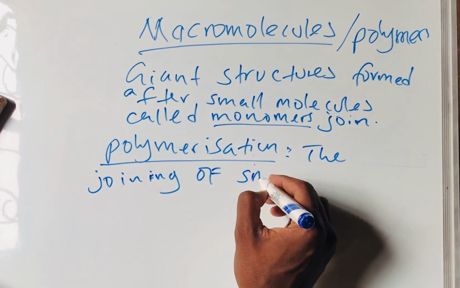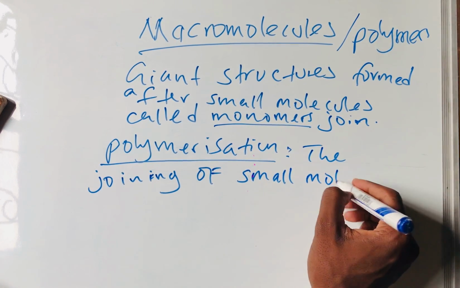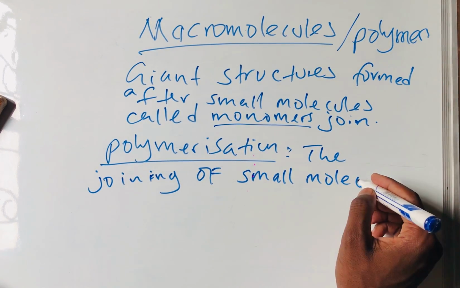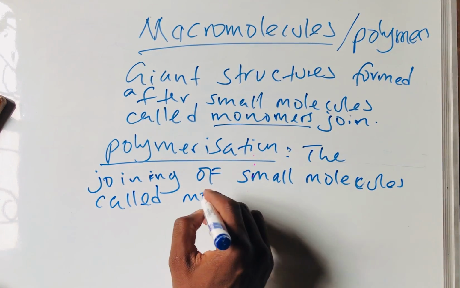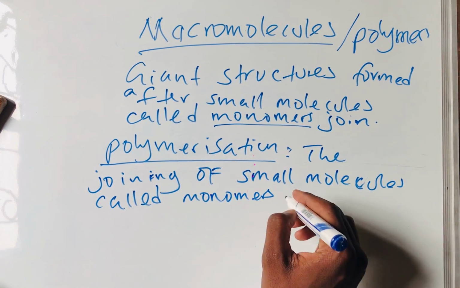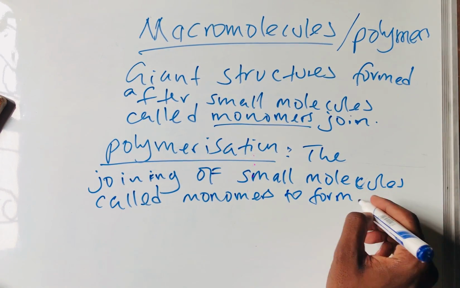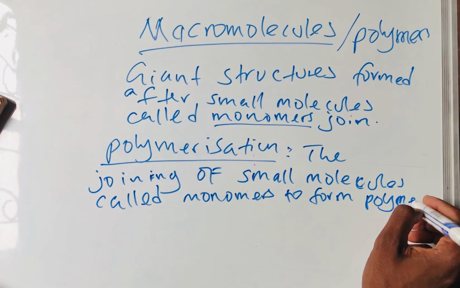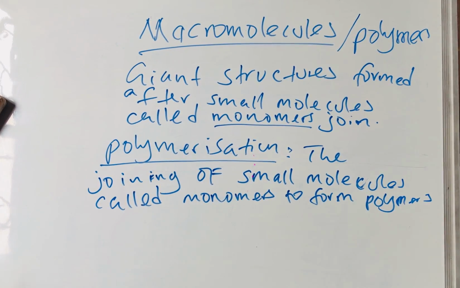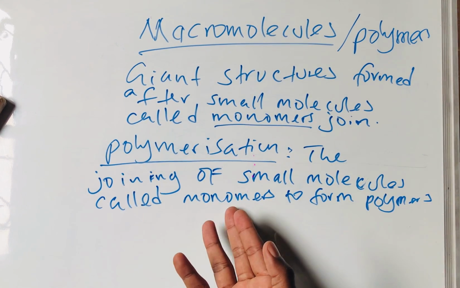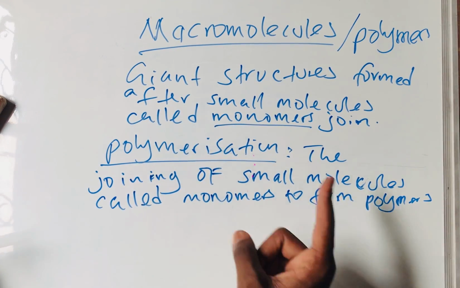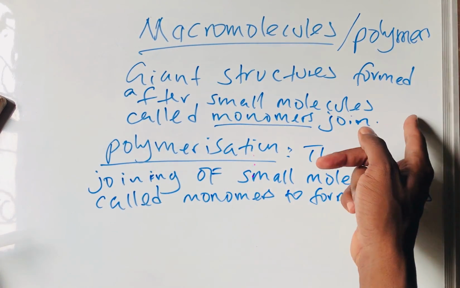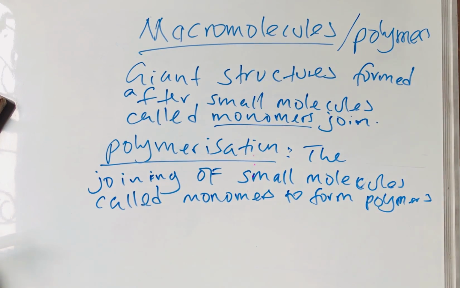It is the joining of small molecules called monomers to form what we call polymers. Remember, polymers are just giant structures formed when these monomers join together.